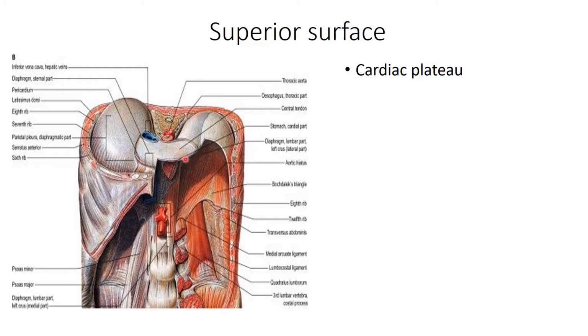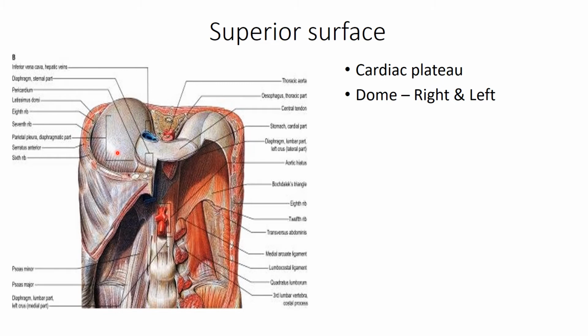And this cardiac plateau, which is flatter, is lying more on the left than on the right. So it is more towards the left, and this portion is related to the heart and pericardium.